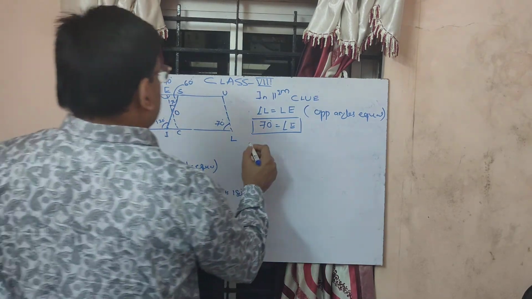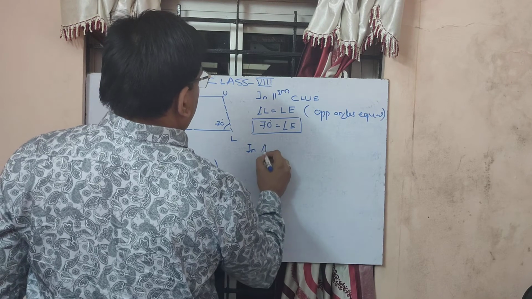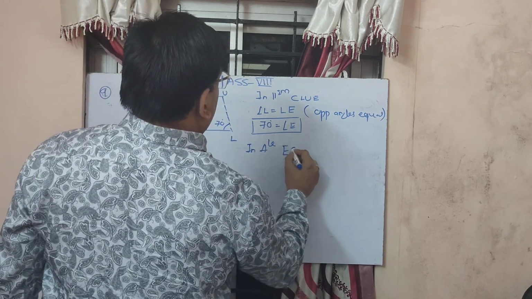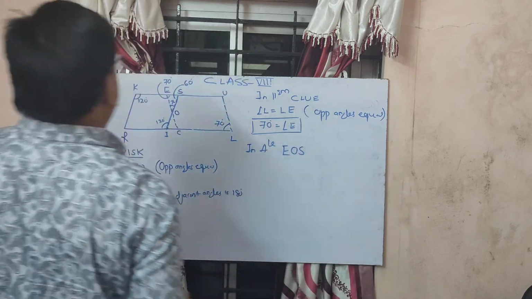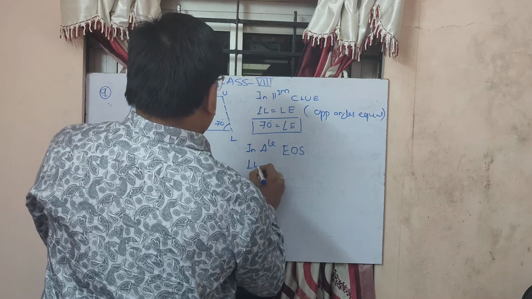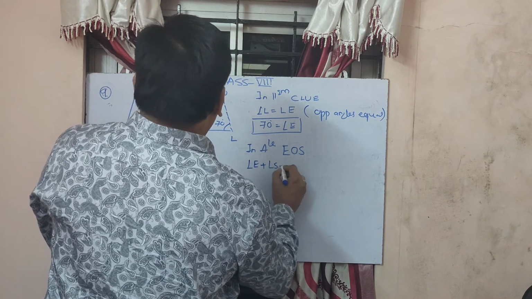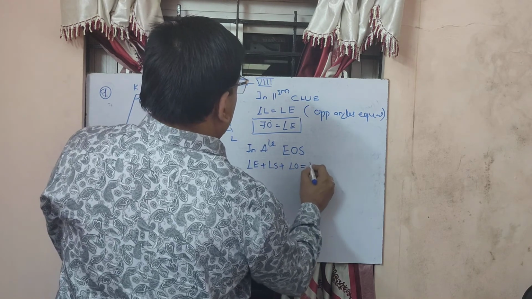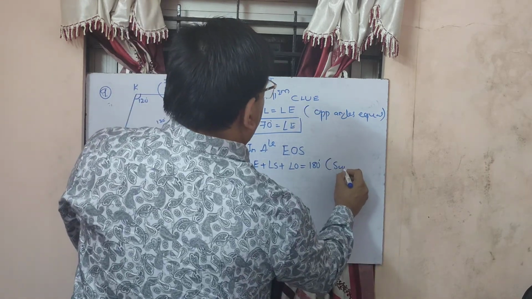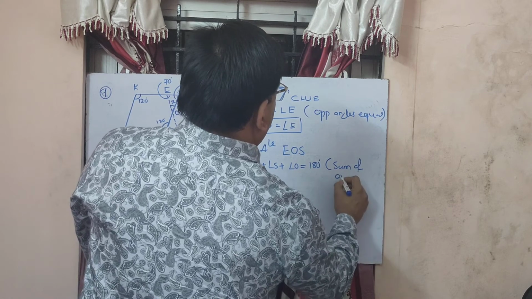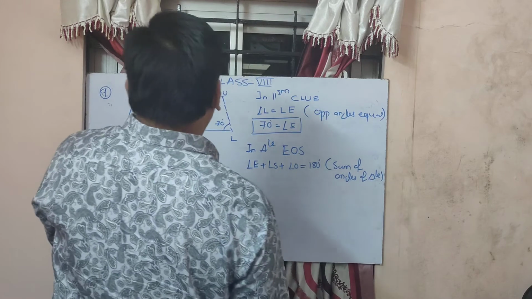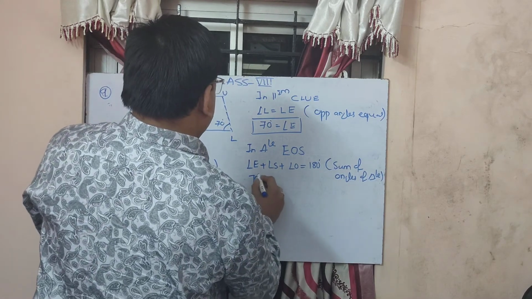So in triangle EOS, angle E plus angle S plus angle O is equal to 180. Sum of angles of triangle. Angle E is 70 degree.